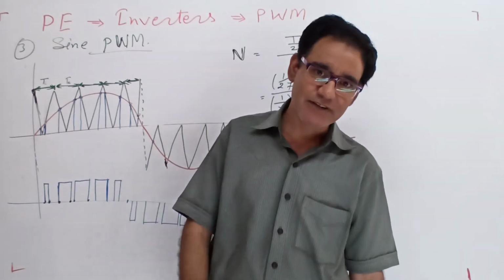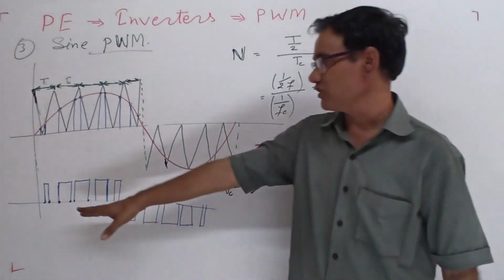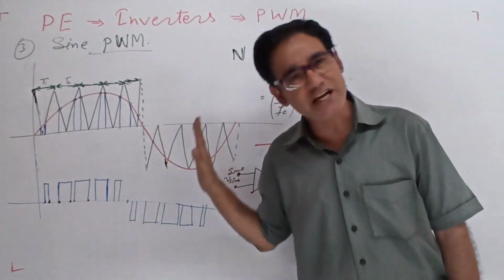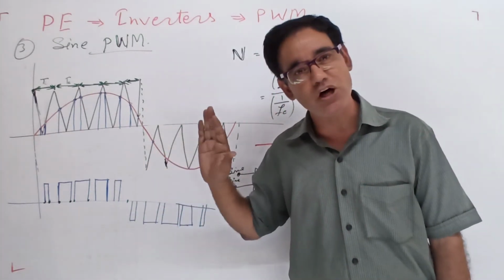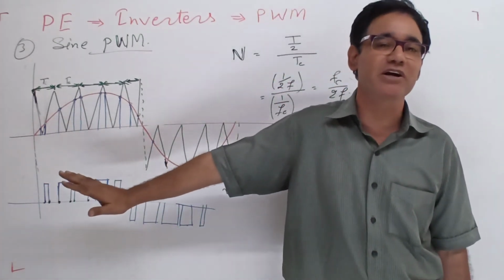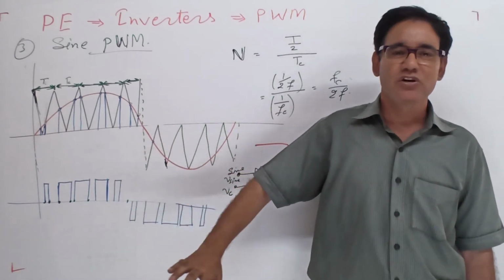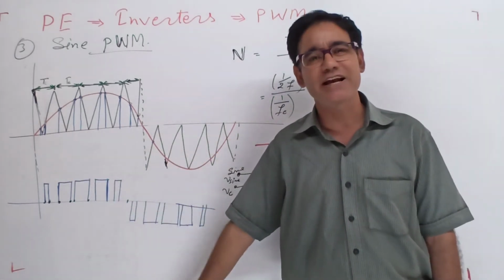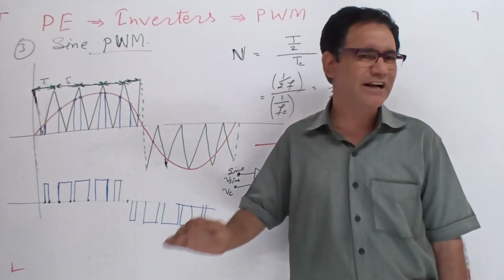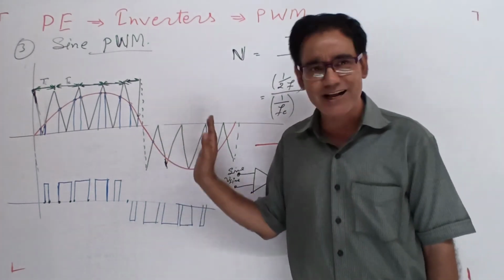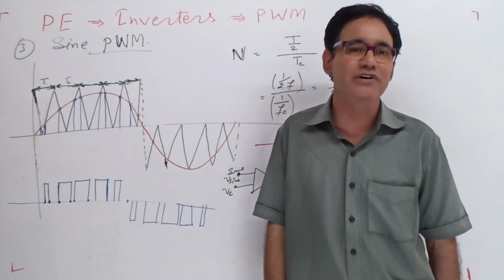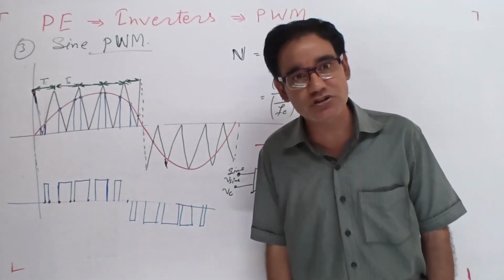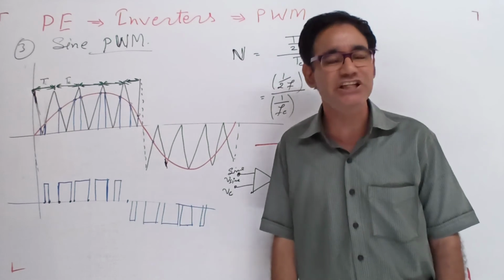So this sinusoidal pulse width modulation scheme controls so many of the fundamental harmonics. So many harmonics are eliminated, so there are very few harmonics, and its analysis is not in the scope of UG level students; it is in the scope of research students and PG students.